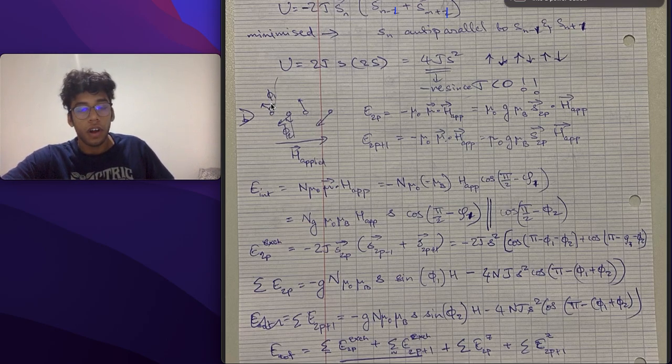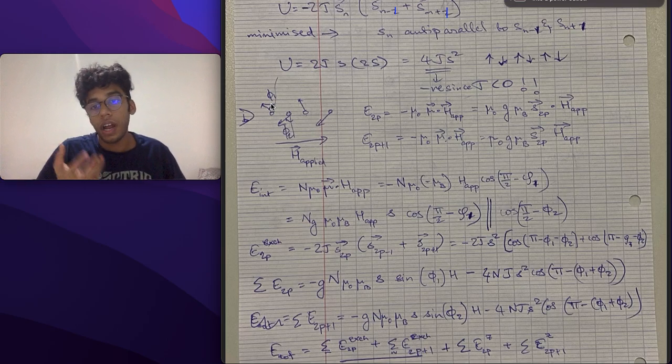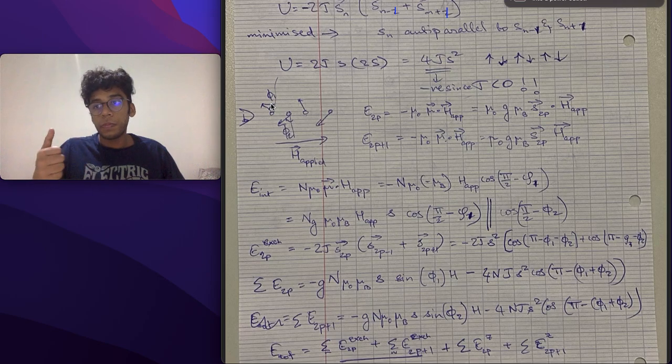If you consider a random sample, of course all spins are not going to be perfectly anti-parallel, so there is going to be some sort of an angle which is likely to be expected. So now we want to find out the stable solution for this.